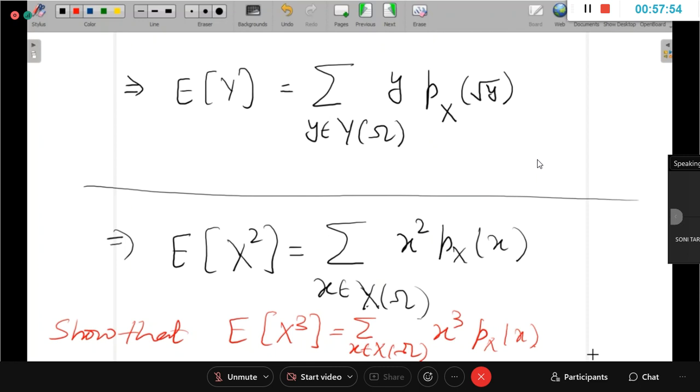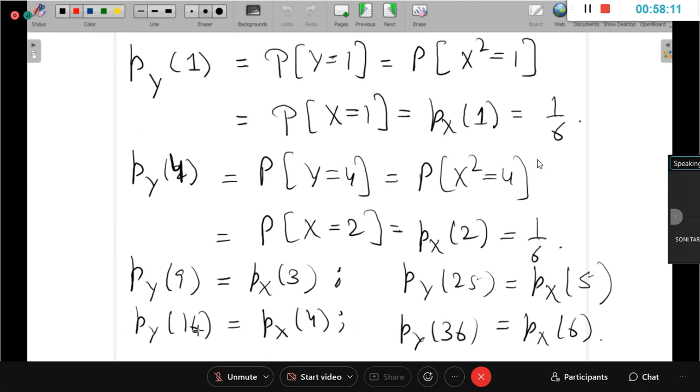Hello, sir. Sir, in the first formula, how did the expression of y come to be summation over y of y times px of under root of y? See how you relate it: y is 16, and 4 is the square root of this.